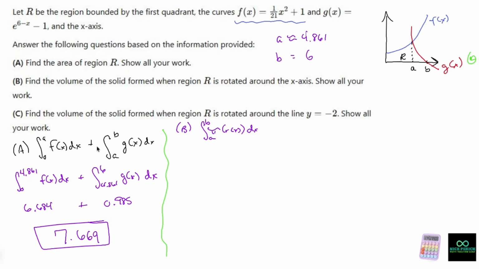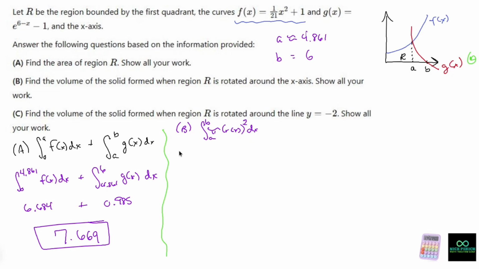Now I'm going to set this up the same exact way, using these two being added to each other, but I'm going to square the functions. I forgot to say that over here: square the functions and attach pi to it.